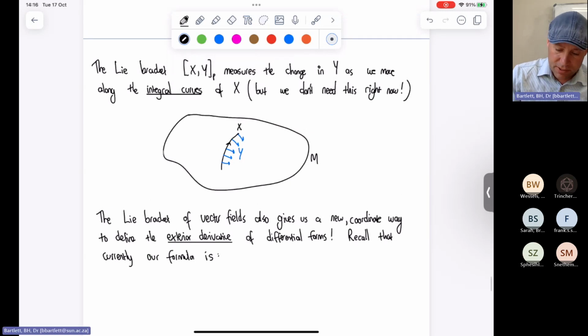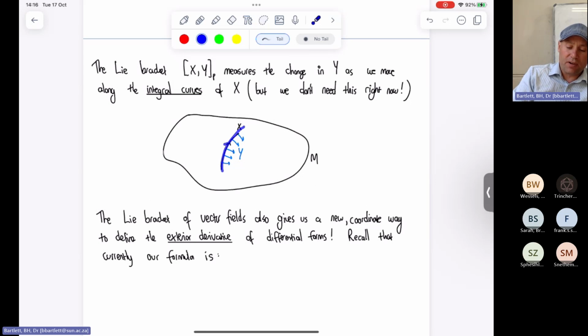The picture here is that you've got a vector field X, and we didn't really speak about this concept, but when you've got a vector field, you can flow along the vector field. At every point you have the integral curves of that vector field, which is a curve whose tangent vector at each point is the vector field itself.